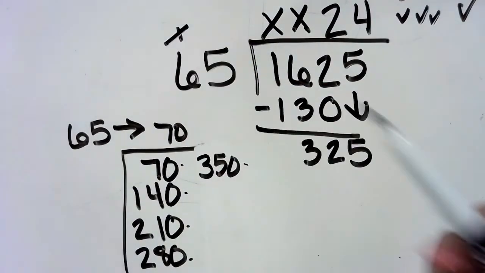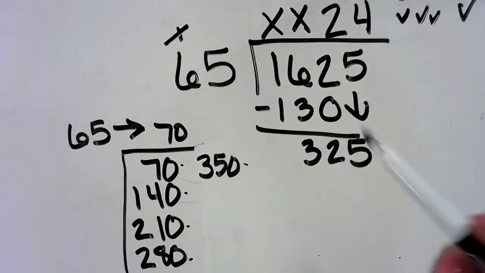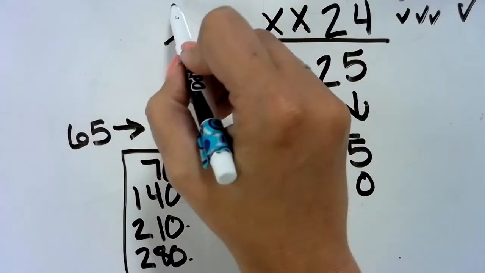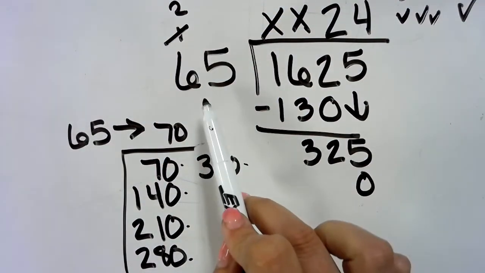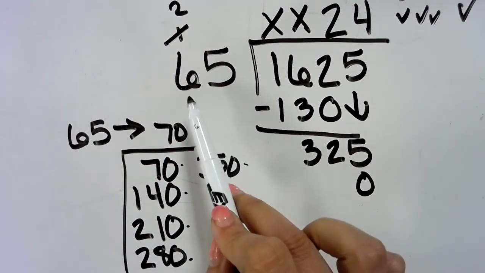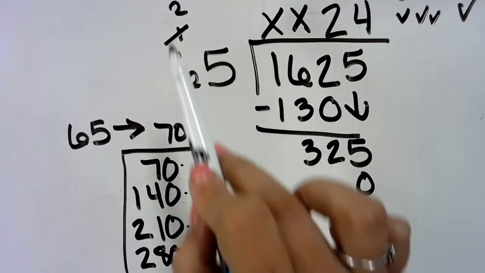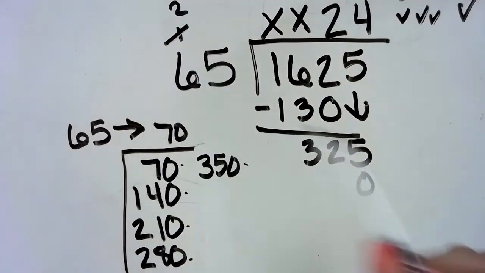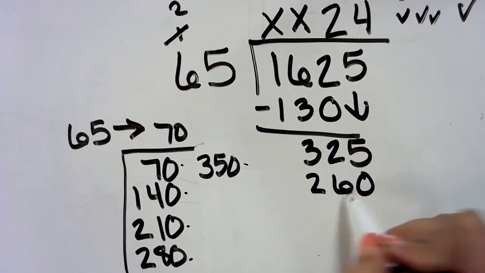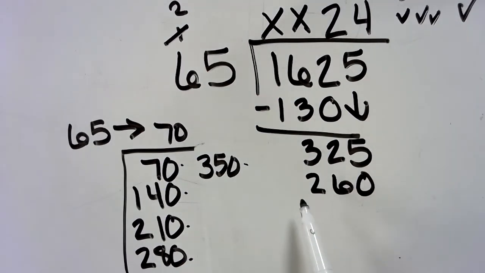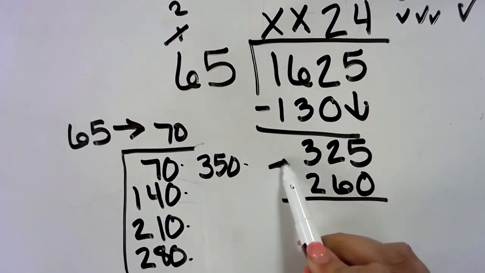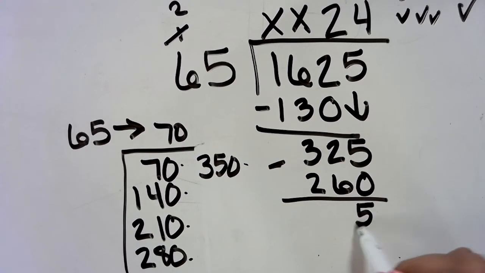And I've done with that number, so I'm going to mark it off. 4 times 5 is 20. Carry the 2. 4 times 6, what is it? 24 plus the 2, 24, 25, 26. Okay? So if I subtract, 5 minus 0 is 5.